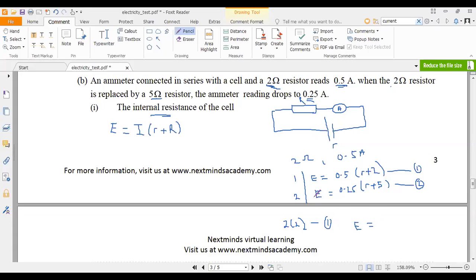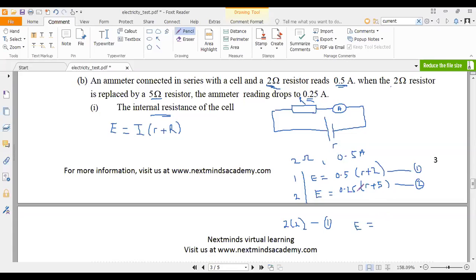So meaning that I'll have E as being equivalent to 0.5 times 5, that is 2.5, minus 1.